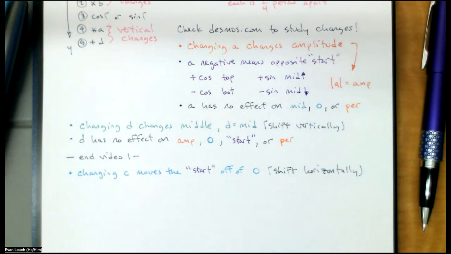So what's happening is we're shifting the graph horizontally, just like changing the middle shifts the graph vertically. We maintain the shape, we just move it back and forth or up and down, back and forth with the value of C, up and down with the value of D.